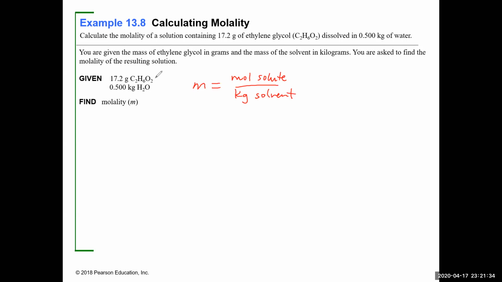Again, our solute is C2H6O2, and our solvent is the H2O. So we have grams of our solute, and we can use its molar mass to convert into moles of the solute.